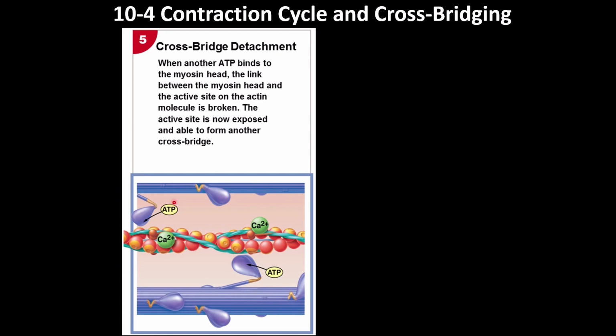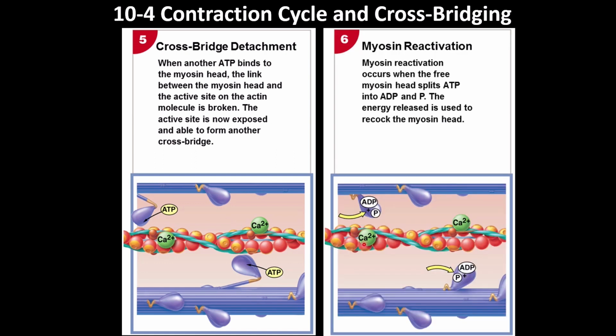Then another ATP molecule comes here and attaches to the myosin head. This attachment will cause detachment of the myosin head from the active site of actin. Now the ATP hydrolyzes again to ADP and phosphate.